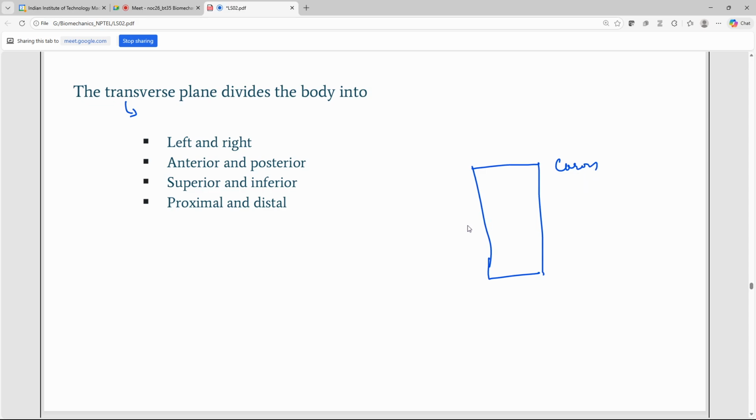The plane cutting perpendicular to the coronal plane is called the transverse plane, and the transverse plane will split the body into superior and inferior, or top and bottom. Our answer is option C.